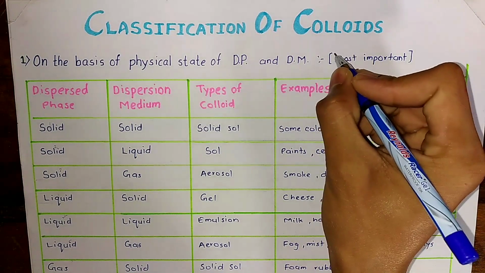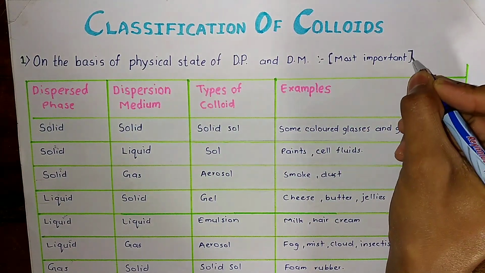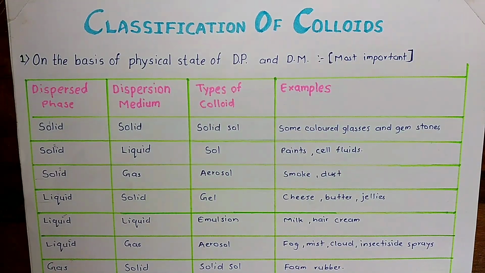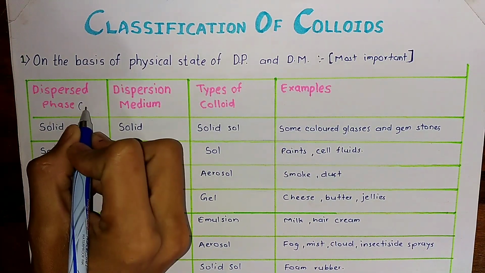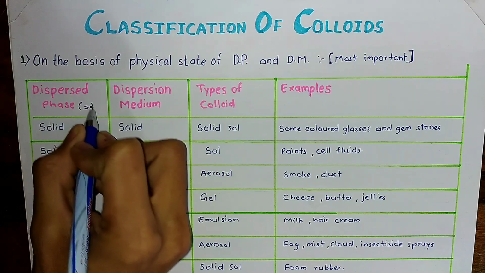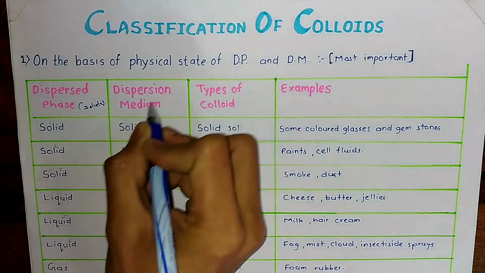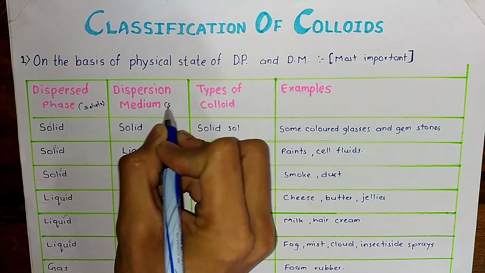This is one of the most important parts in surface chemistry. I said already, the dispersed phase means the solute and the dispersion medium means the solvent.